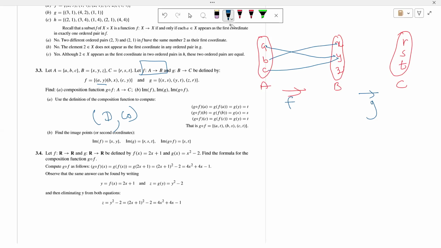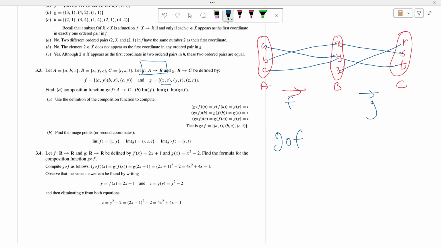Now I completed the function f. Now I need to look at the function g. The function g says x to s, y to t, z to r, right?